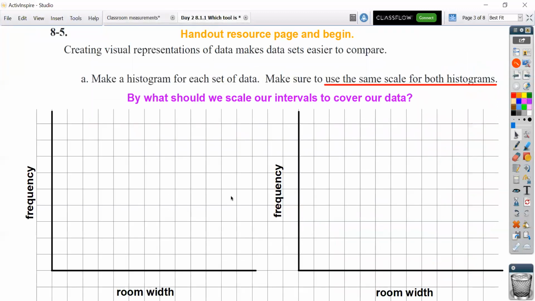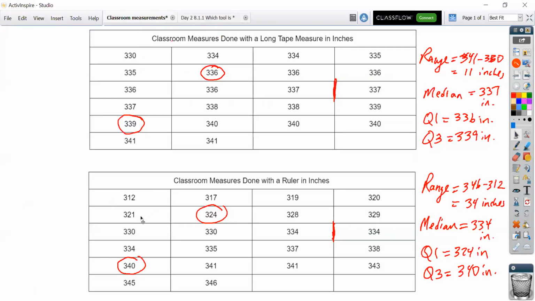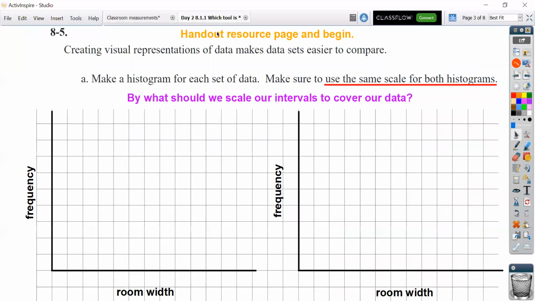I think what we'll use is a bin of 5, because we're trying to go from 312 to 346. So let's go from 310 to 350 using bins of 5. So this is going to be 310, 315, 320, 325, 330, 335, 340, 345, 350, and we're going to do the same here because they asked us to use the same scale for both histograms.